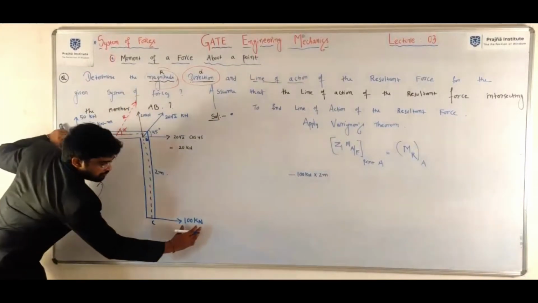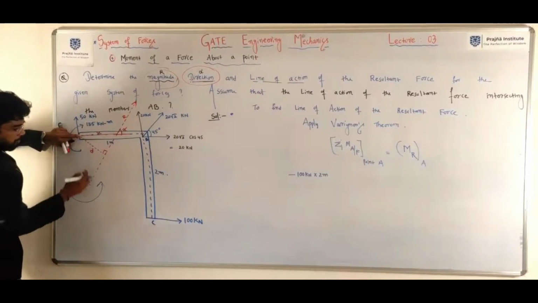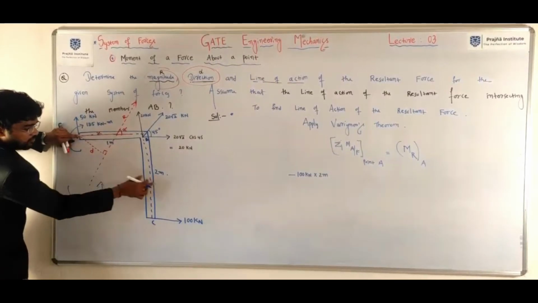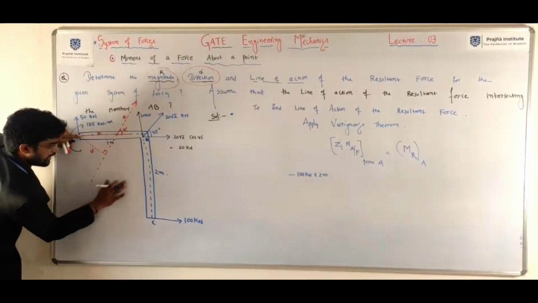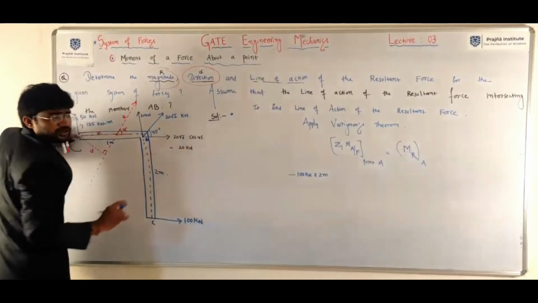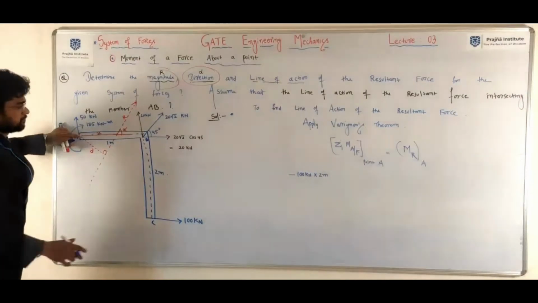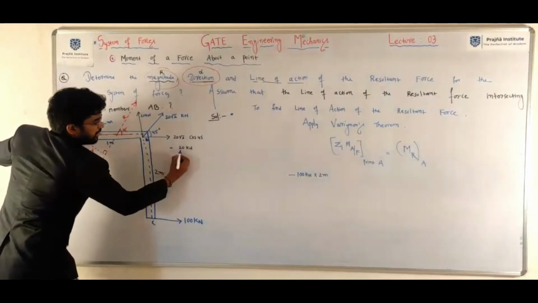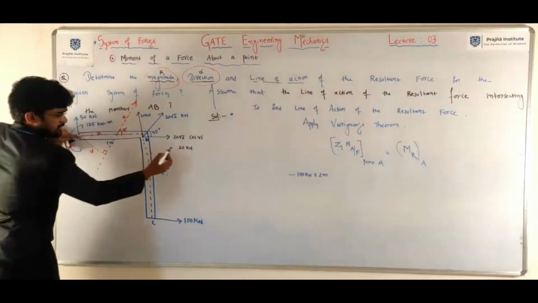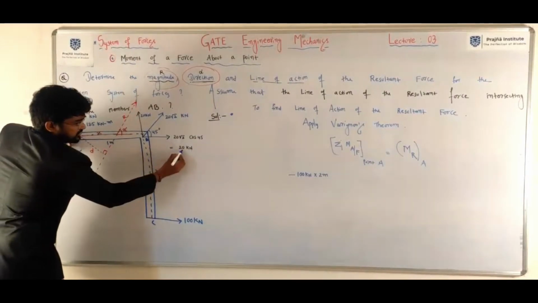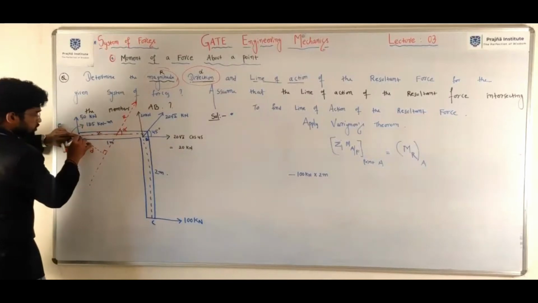The moment of 100 kilonewton about point A is anti-clockwise and the perpendicular distance will be 2 meter. So you will get minus 100 kilonewton into 2 meter. Next, moment of 20 kilonewton about point A. Is it 0 na? The line of action of 20 kilonewton passes through this point.